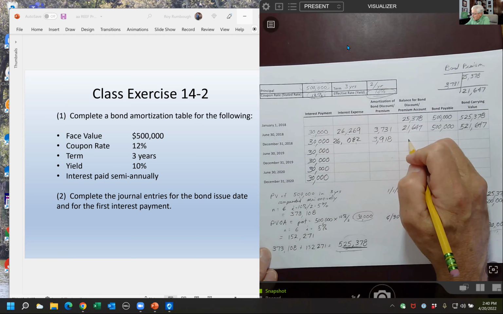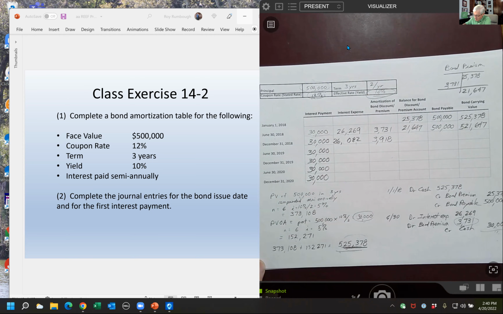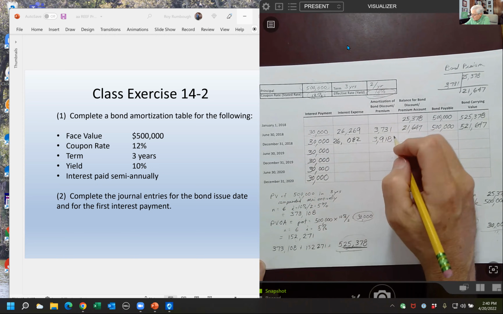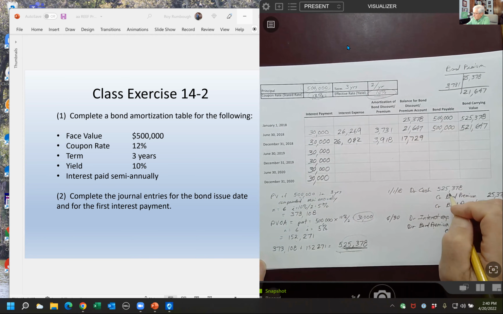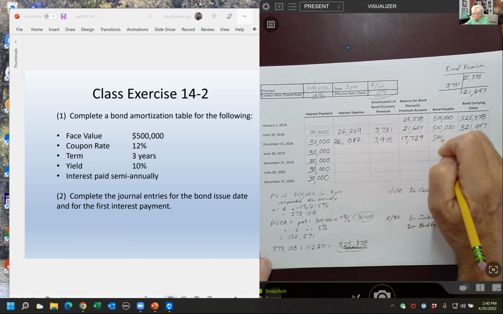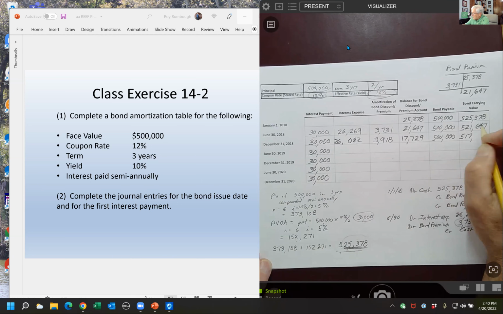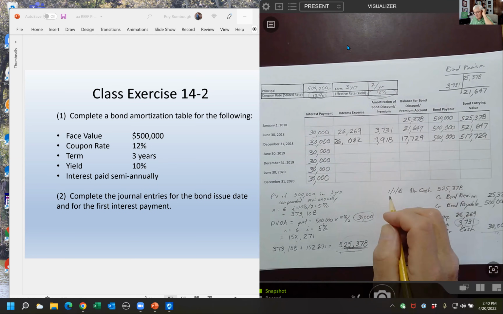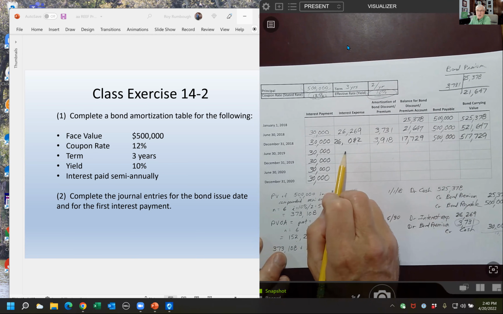And so now our bonds payable account is 21,647 plus 17,729. That's still 500,000 and 517,729. Now, June 30th, 2019.